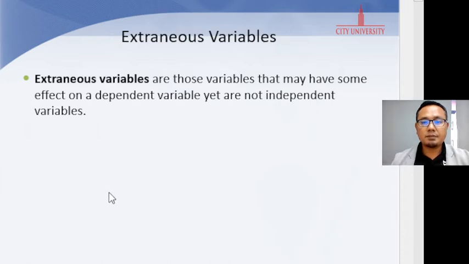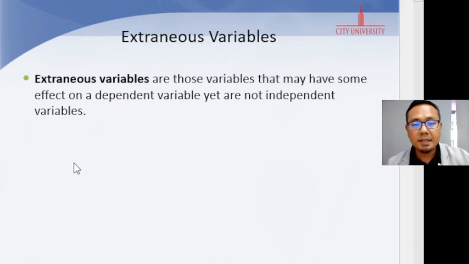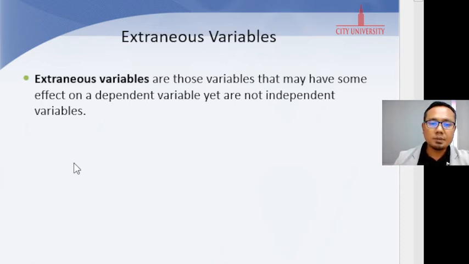Okay, extraneous variables. Extraneous variables are those variables that may have some effect on the dependent variable, yet are not in the independent variable. There are very famous extraneous variables we can relate, like maybe mediator or moderator.